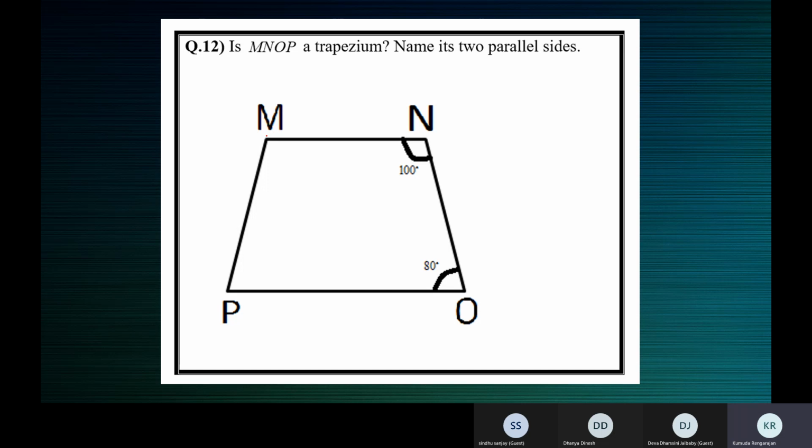So supposing you regard this as one line, and this as another line, intersected by a transversal like this. Just produce the lines, only then you will understand. See, just produce this. Not able to make it straight, but I hope you understand.